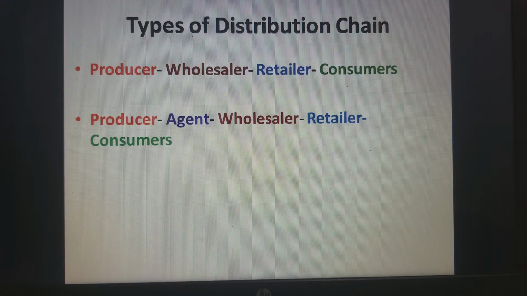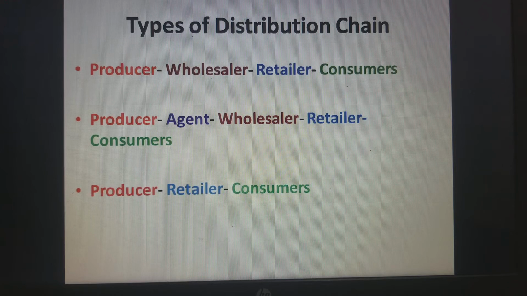And then this is another chain of distribution. The goods may move from the producer to an agent, and the agent will then sell it to the wholesaler, to the retailer, and the retailer to the consumer. The third type of channel would be from the producer to the retailer to the consumer.